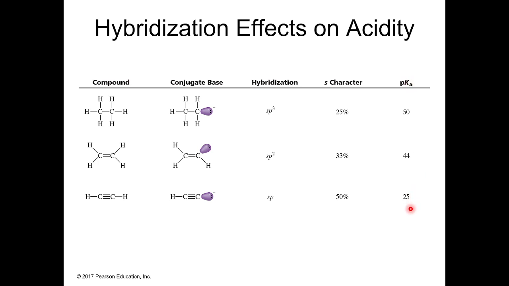What's a lower pKa mean? It is a stronger acid. That's one of the reasons I asked you guys that, because oftentimes people won't connect that, because it's a negative log relationship.